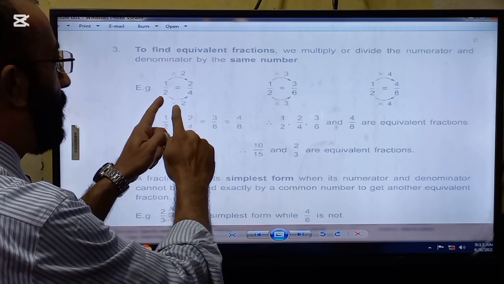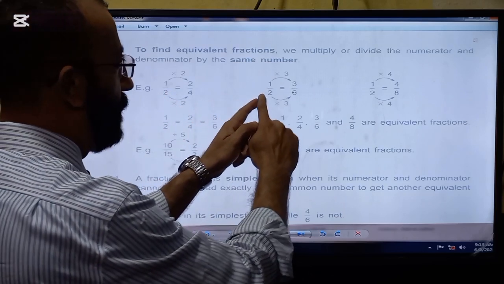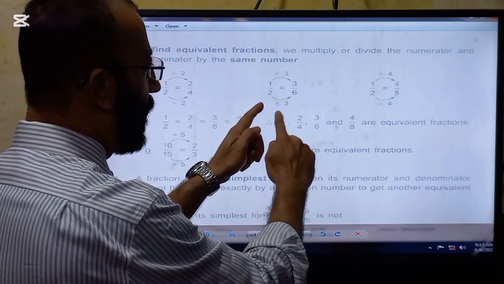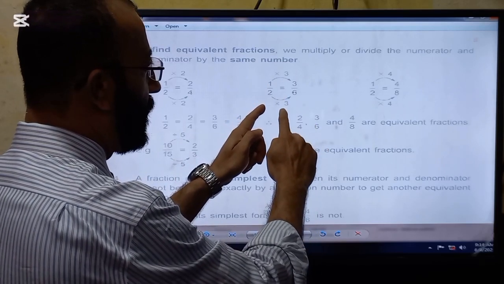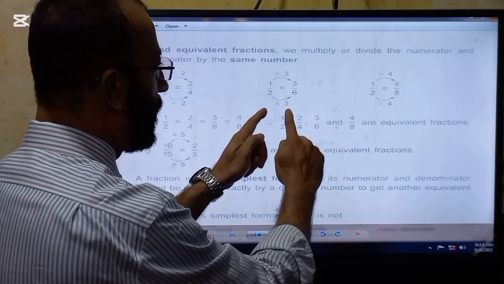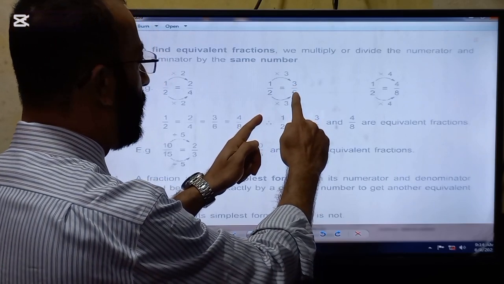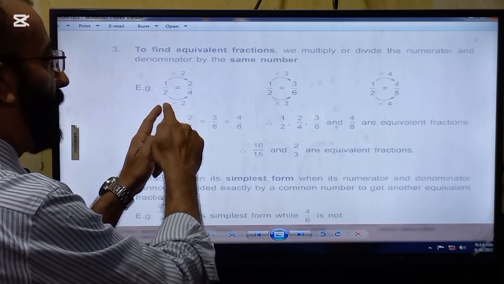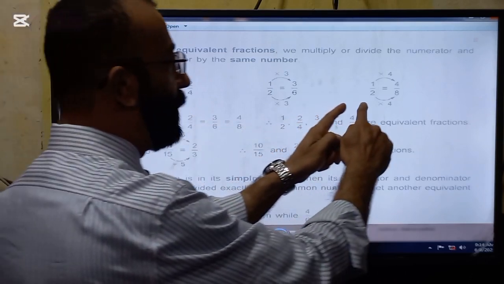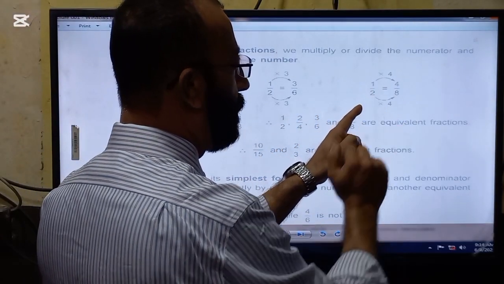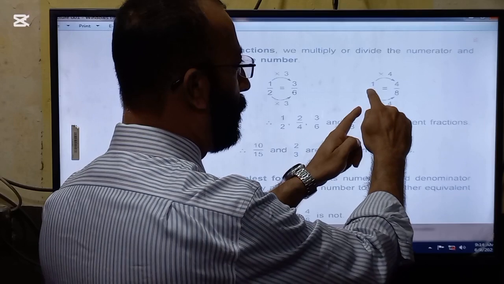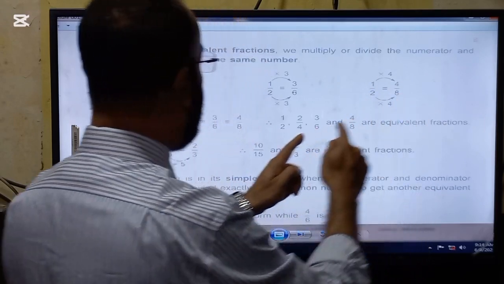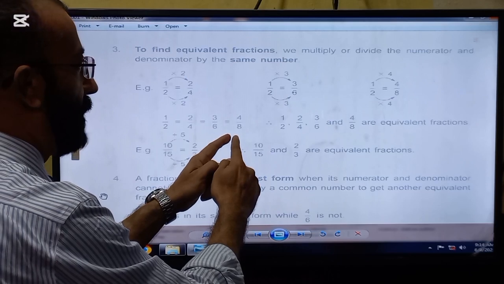If we multiply this fraction by 3, 1 3s are 3 and 2 3s are 6, so 3/6 is also an equivalent fraction. Again, if we multiply the same fraction by 4, 1 4s are 4 and 2 4s are 8. So 4/8 will also be an equivalent fraction.